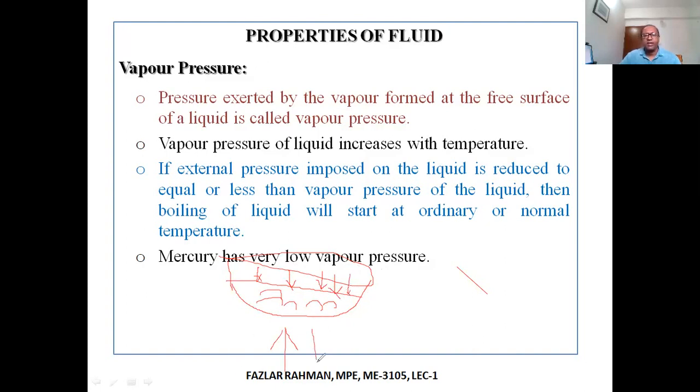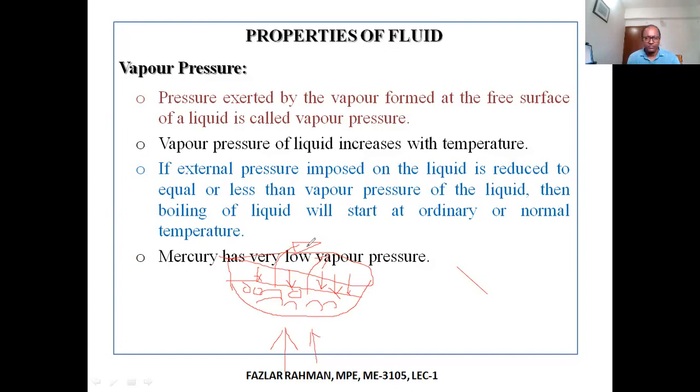Then if you apply heat, gradually molecular energy increases. Molecules vibrate, water creates bubbles, and they leave the free surface and go to the atmosphere. So the pressure in the liquid or in the vapor has to be higher than 14.7 psi. Otherwise it cannot leave, because atmospheric pressure is trying to push it down, and vapor pressure is trying to get out. So your vapor pressure has to be higher than 14.7 psi. Otherwise, the water will not boil.